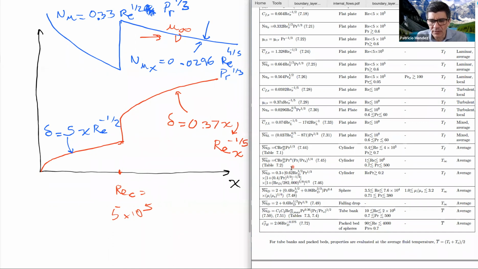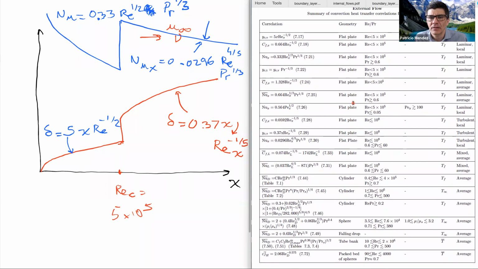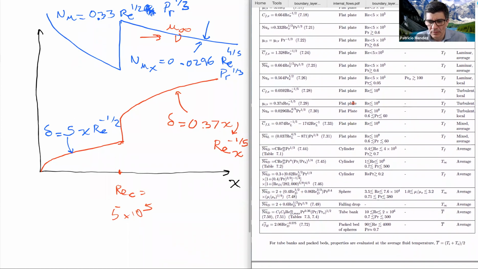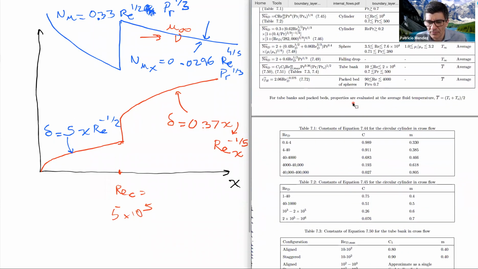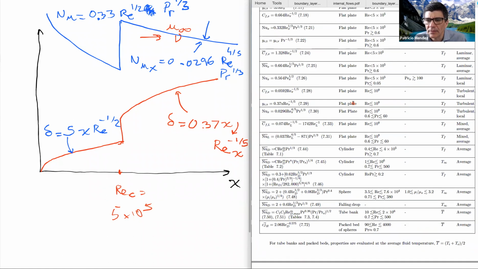Check it out. This one has Prandtl to the 1/3. And what does it say? That Prandtl should be bigger than 0.7. Let me show you. I believe we're going to find an equation for molten metals. Let me see if I have it, because the book has it.